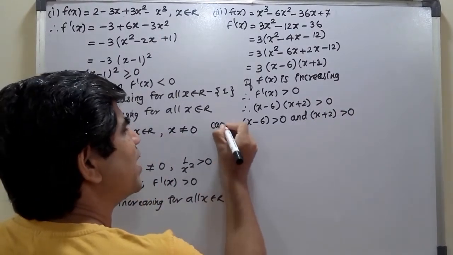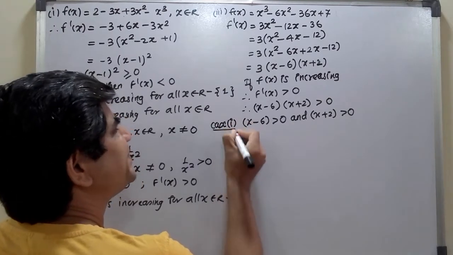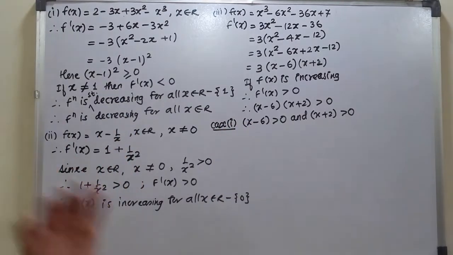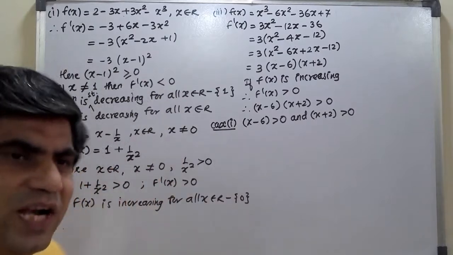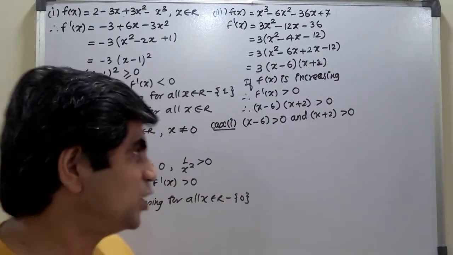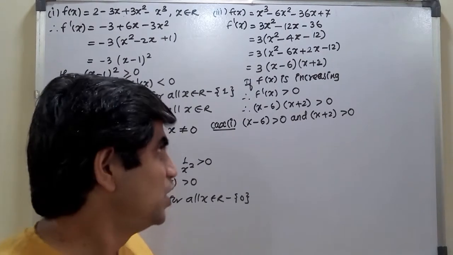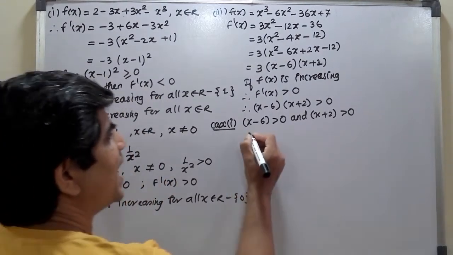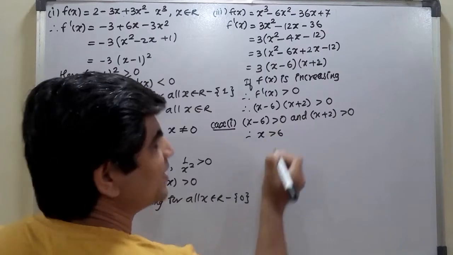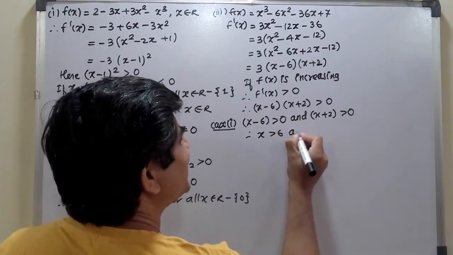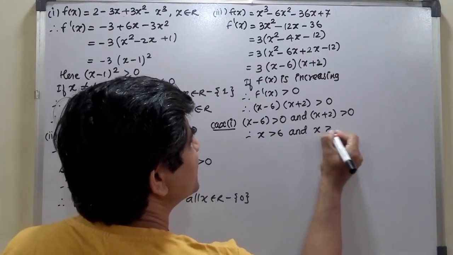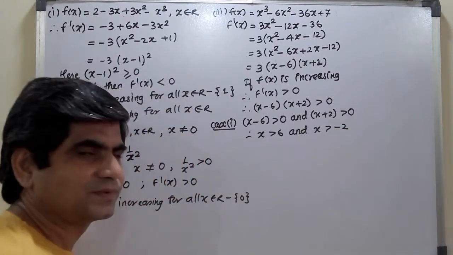So this is your case 1. It is positive if and only if the first bracket is positive as well as the second bracket is positive. Got it? So now obviously it means that x must be greater than 6, and at that same time x must be greater than minus 2.